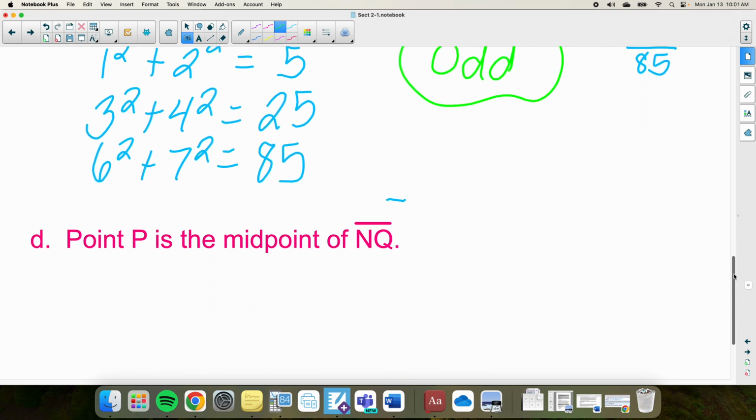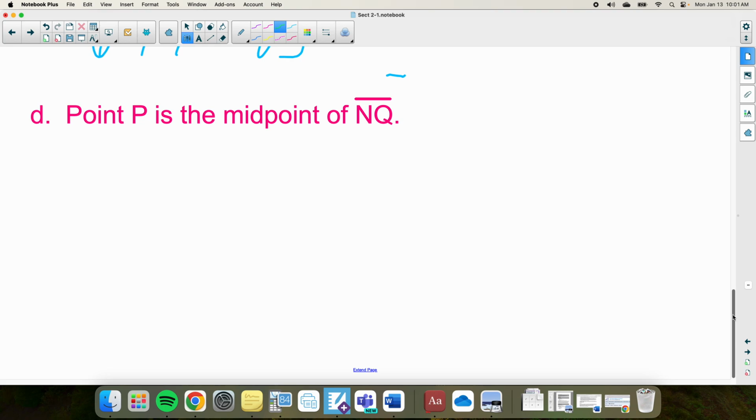All right. Now this one's a little bit different because this is giving us like a geometry situation and we have to say something about it, okay? So the first thing we're going to do is draw this out. Point P is the midpoint between N and Q, okay? Do you guys remember what a midpoint is?